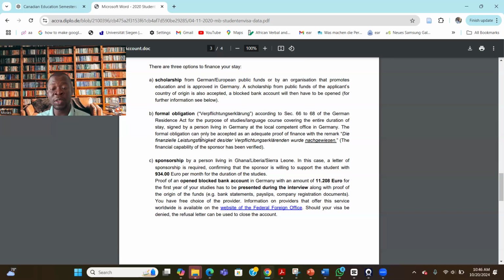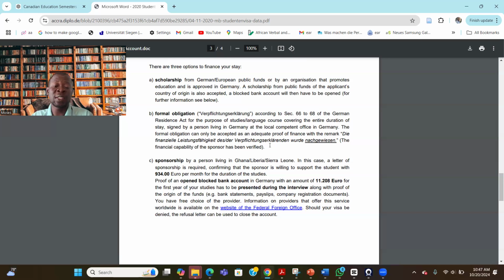The formal obligation is only accepted as an adequate proof of finance within the remark that the financial capability of the person has been verified.